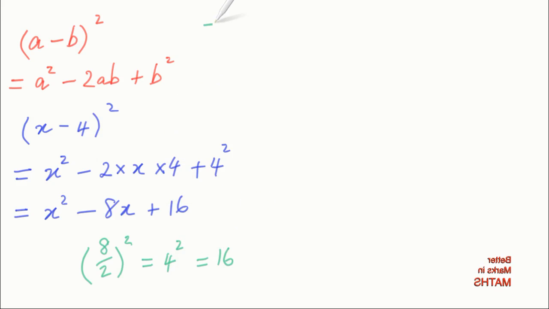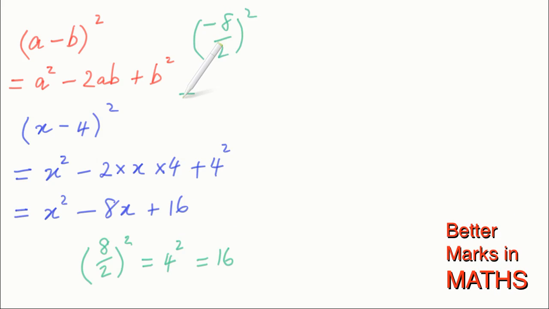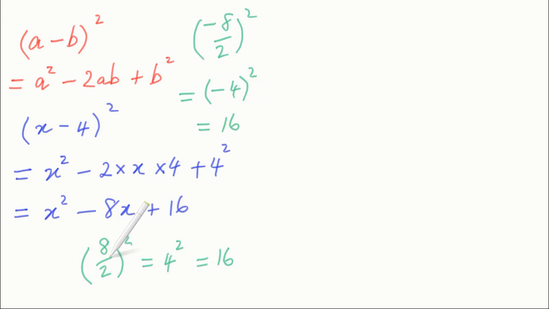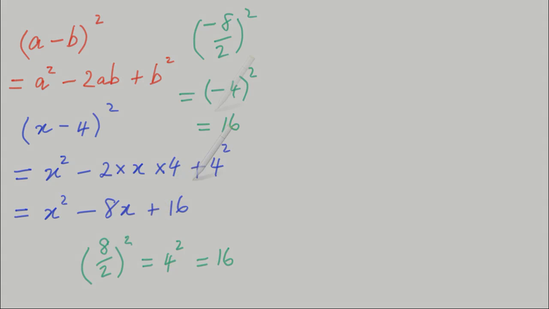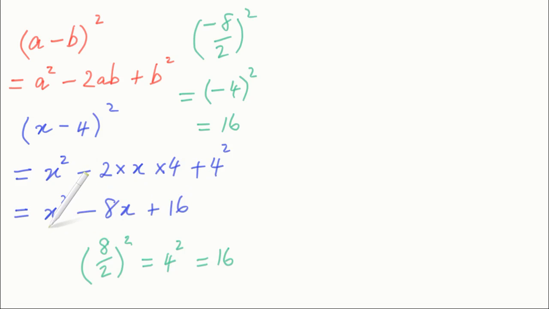And if I actually did minus 8 over 2 squared, that's equal to minus 4 in brackets all squared, which equals 16 anyway. It's just a little bit quicker leaving out that minus. So that means that this is a perfect square. If you started with that, then you would know that it could be factorized back to x minus 4 in brackets all squared. So a couple more examples.